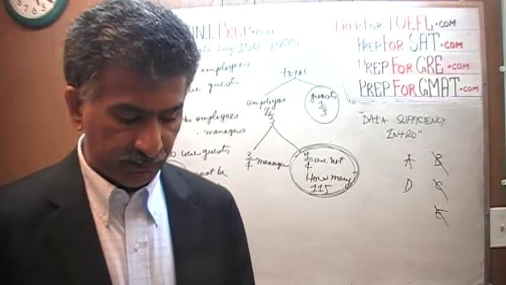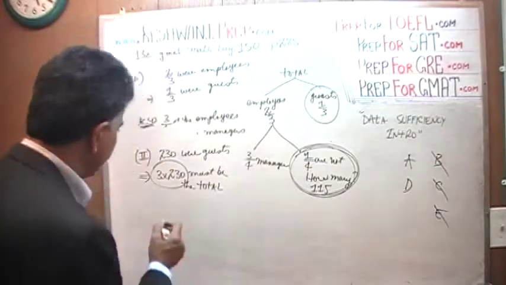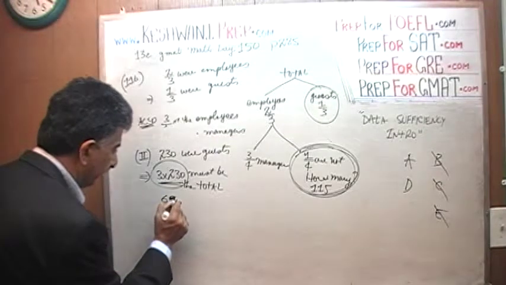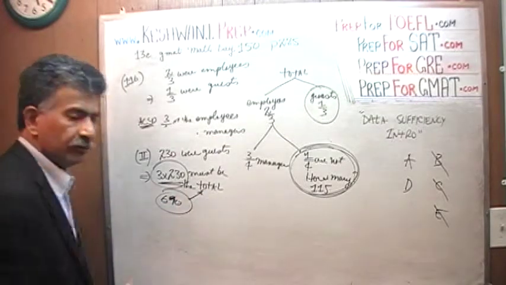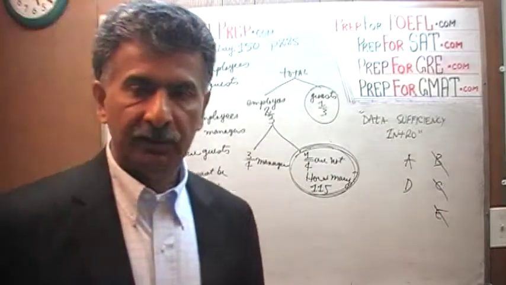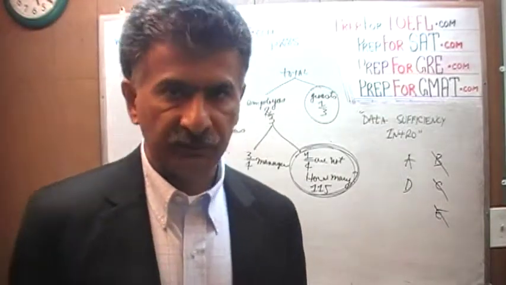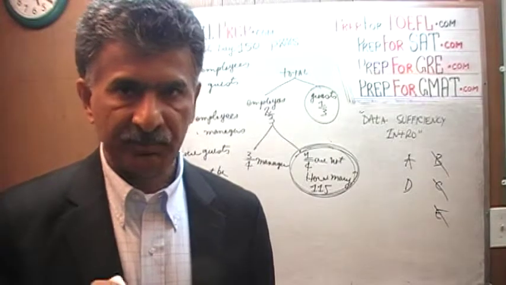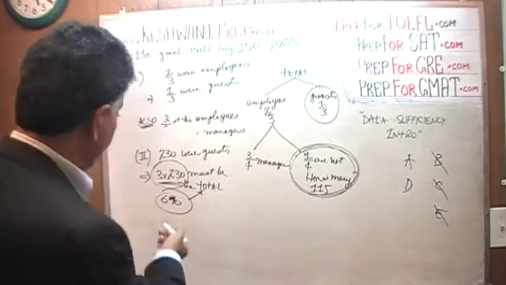In the first statement, they tell us that there were 690 total people on the cruise, and knowing that was enough for us to figure out how many of those 690 were non-management employees. This is the same information.